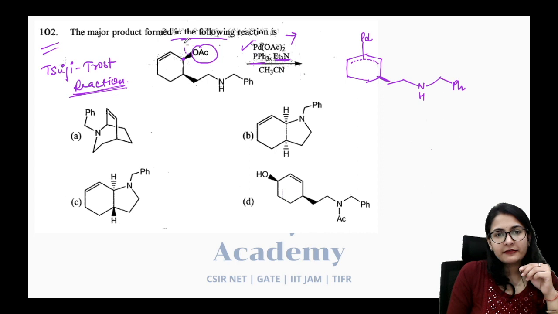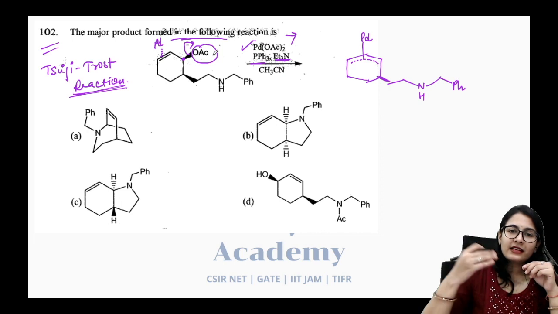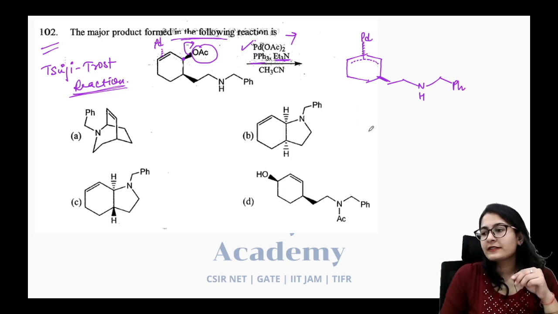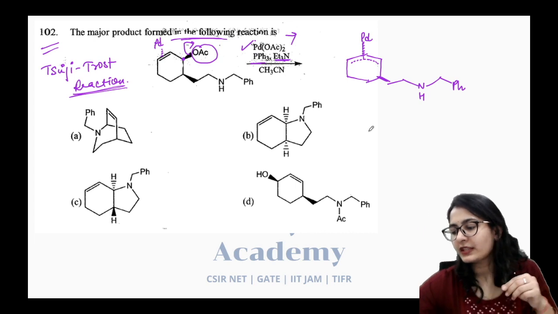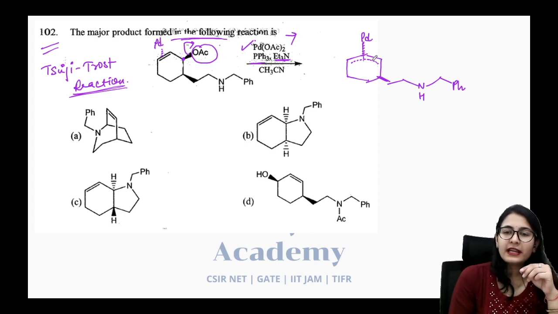So whenever you have this kind of a species, first of all, your double bond is going to coordinate to the palladium. And palladium will always remember where the leaving group was. Let's say the acetate group is above, palladium is going to attach below, so that when the nucleophile attacks on the pyrrole system, the palladium will once again leave from below the plane.